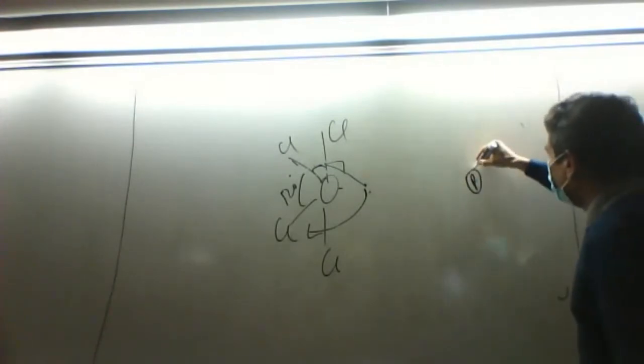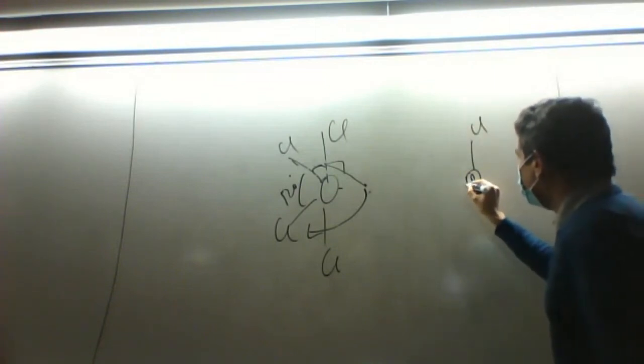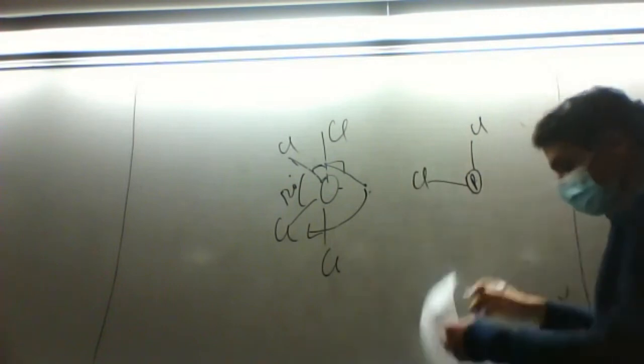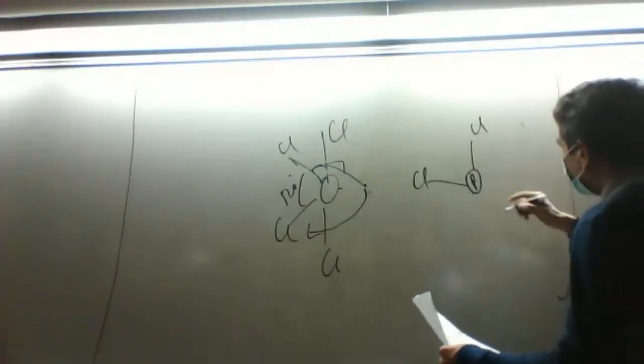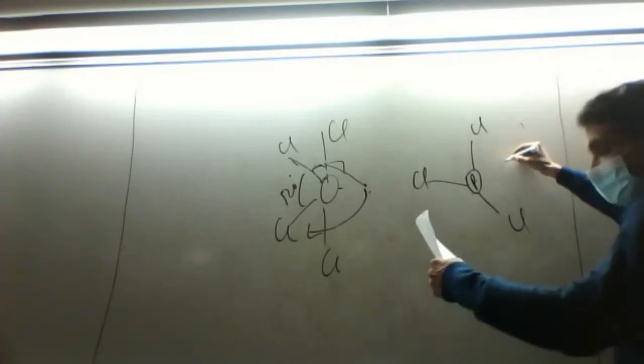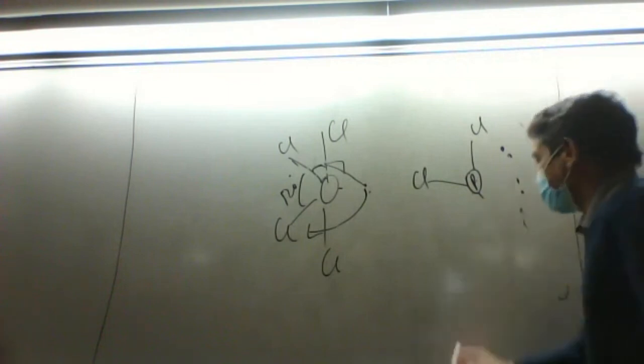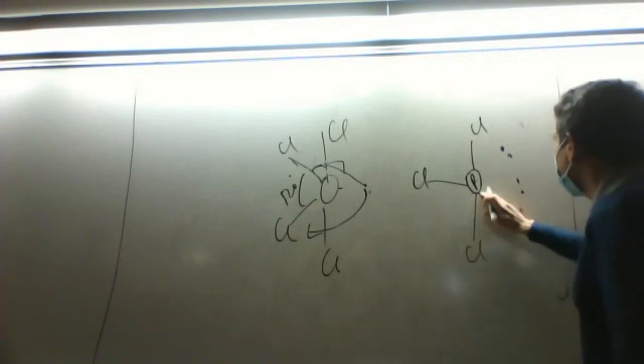Now I have a Cl here, maybe Cl here, Cl here, and Cl here, and then now I don't have the other two Cl, right? Now I want to occupy those by putting some electrons here and some electrons here. So maybe I just put this a little bit down. Doesn't matter.